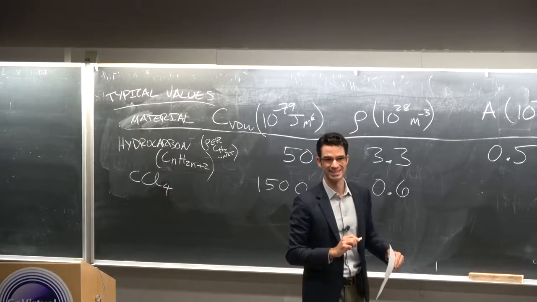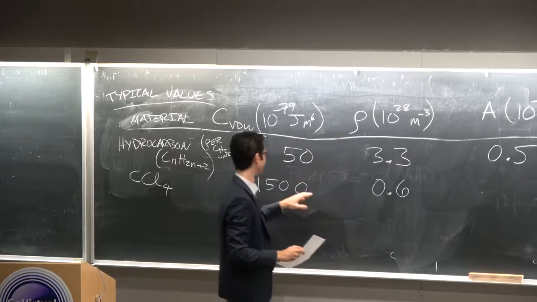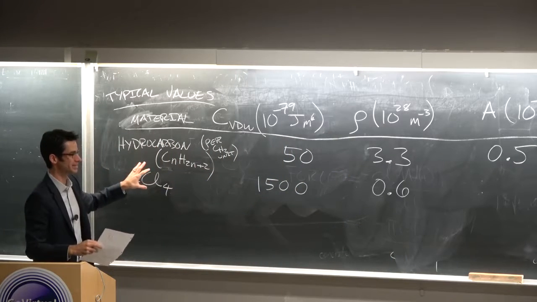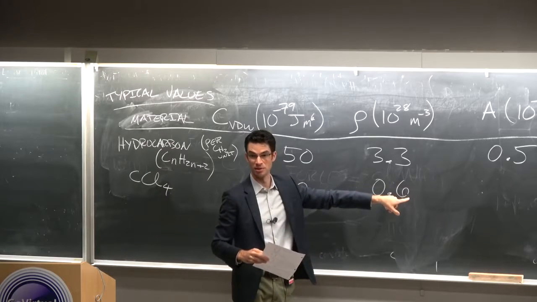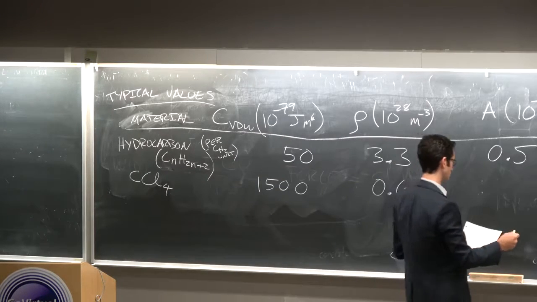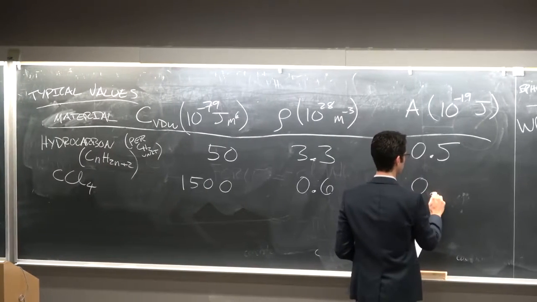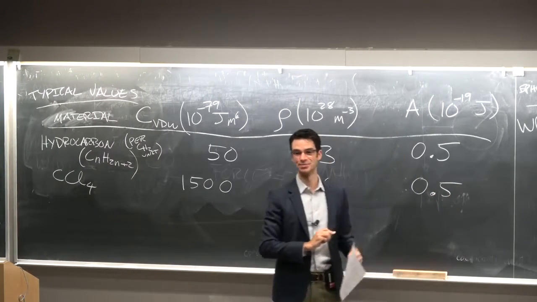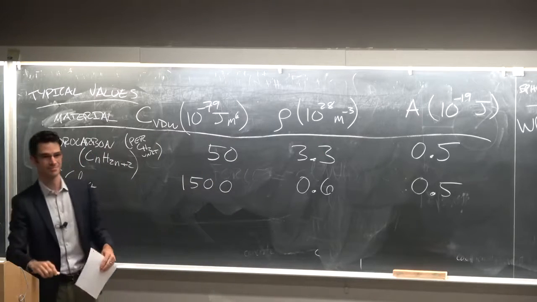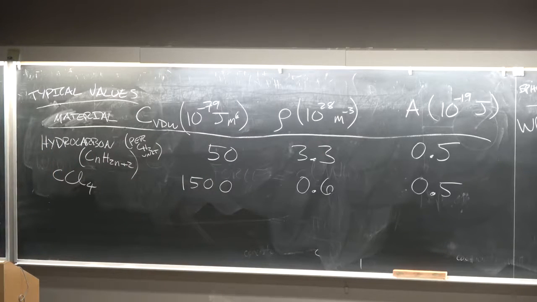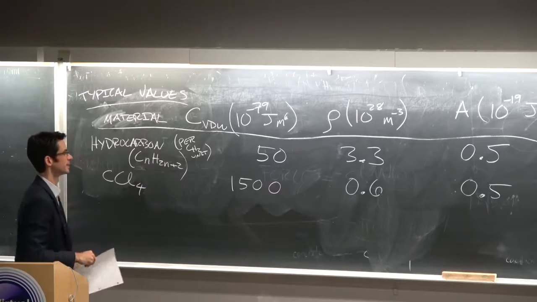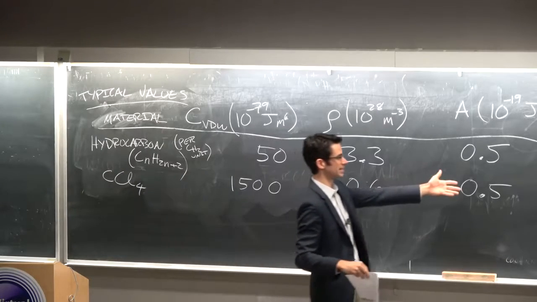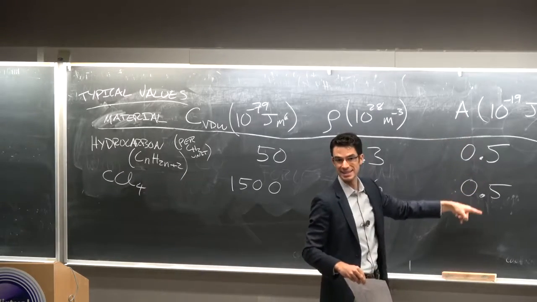The number density, because CCl4 is bigger than CH2, is smaller, because you can't fit as many of them in a cubic meter. So when you do pi squared C rho squared, you end up with the same thing. The greater Van der Waals force, but fewer of them in the solid chunk of stuff, say nanoparticles or surfaces. So the only parameter that ends up mattering, A, is the same.